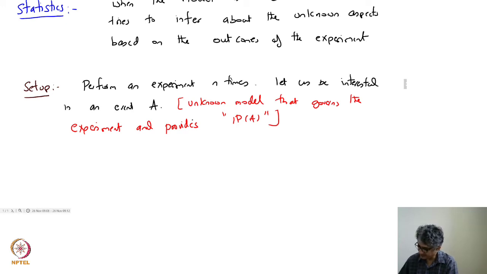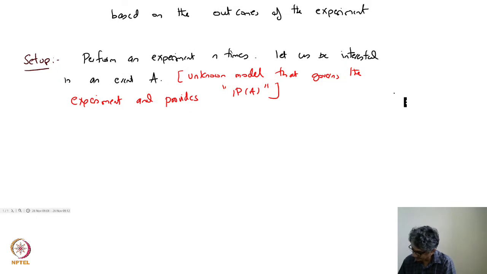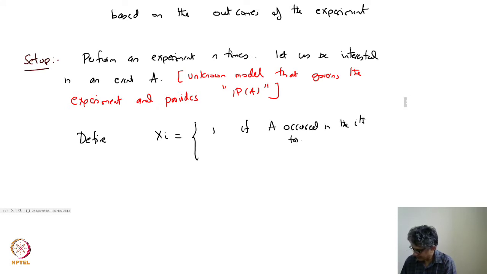So we have performed the experiment n times. Now what you do is you look at the event A. So you define xi to be 1 if the event A occurred in the ith trial and 0 otherwise.